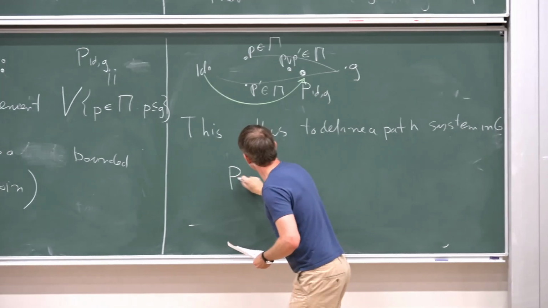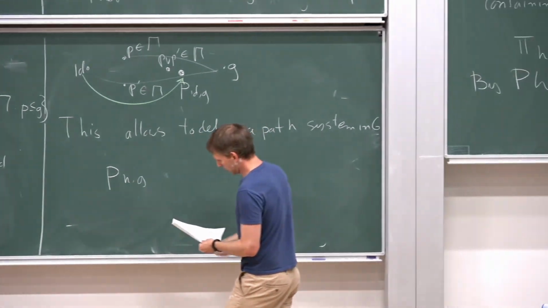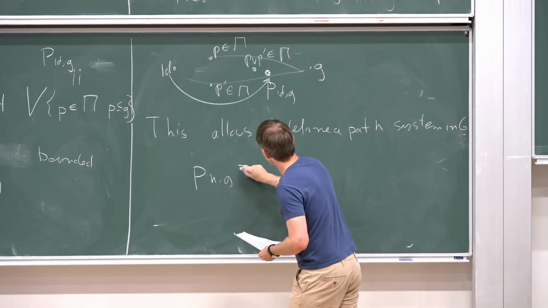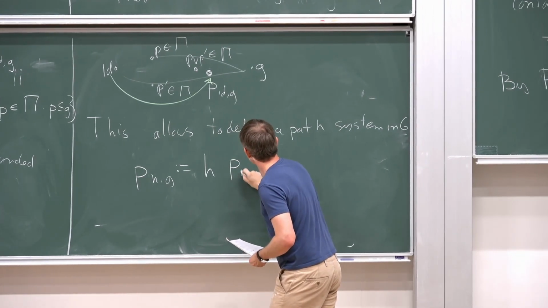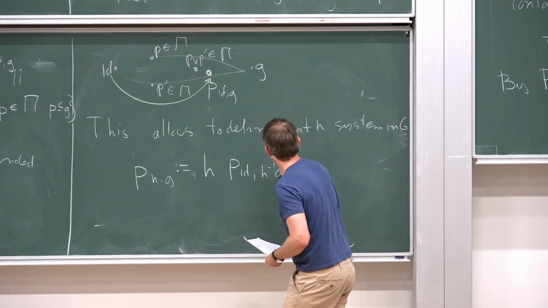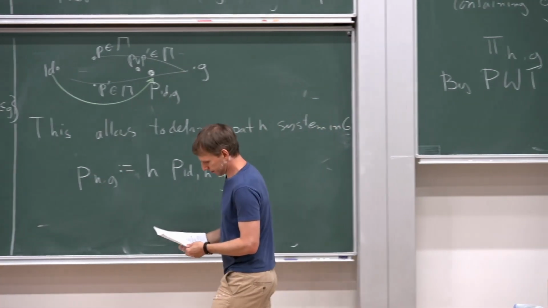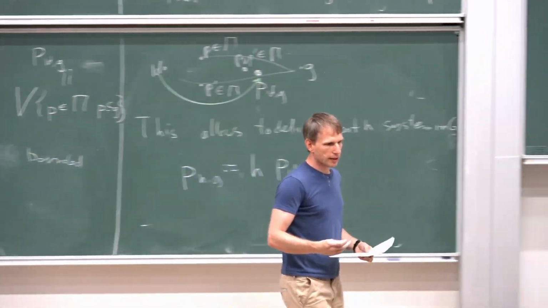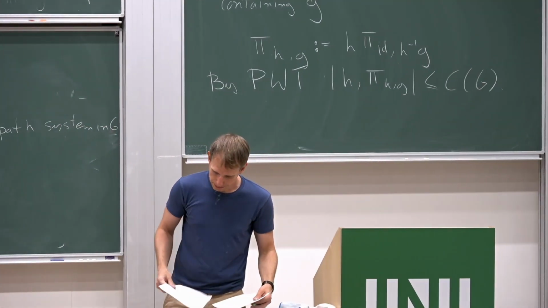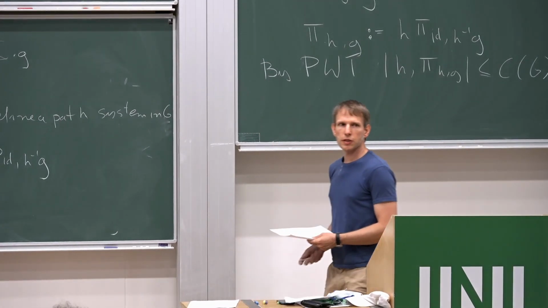And as before, if I want to take a projection from some element H towards G, instead of from identity, I define it equivalently as H times the projection from identity towards H inverse G. So this is what this axiom 3 tells you, that you get some system of paths. Questions?